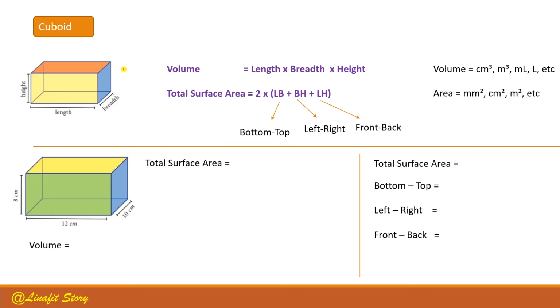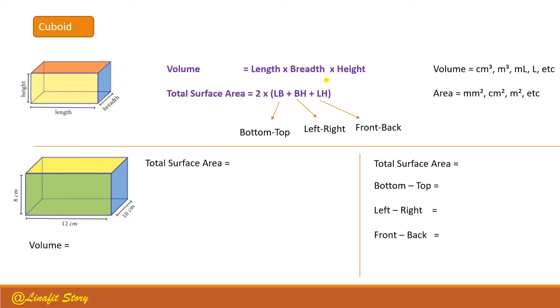In order to find the total surface area of a cuboid, we need to add the area of all faces. The formula for the total surface area of a cuboid is 2 times the bottom and the top, so length times breadth, plus the left and the right side, breadth times height, plus the front and the back side, length times height.